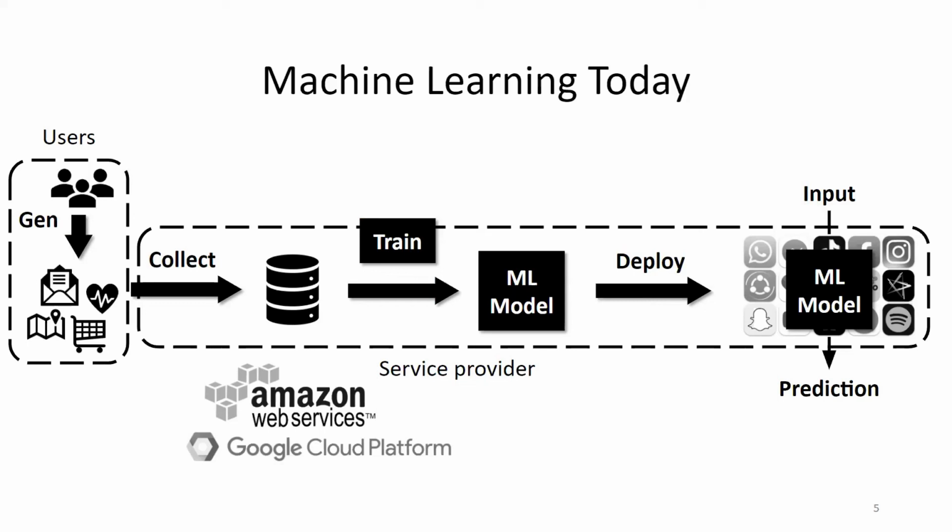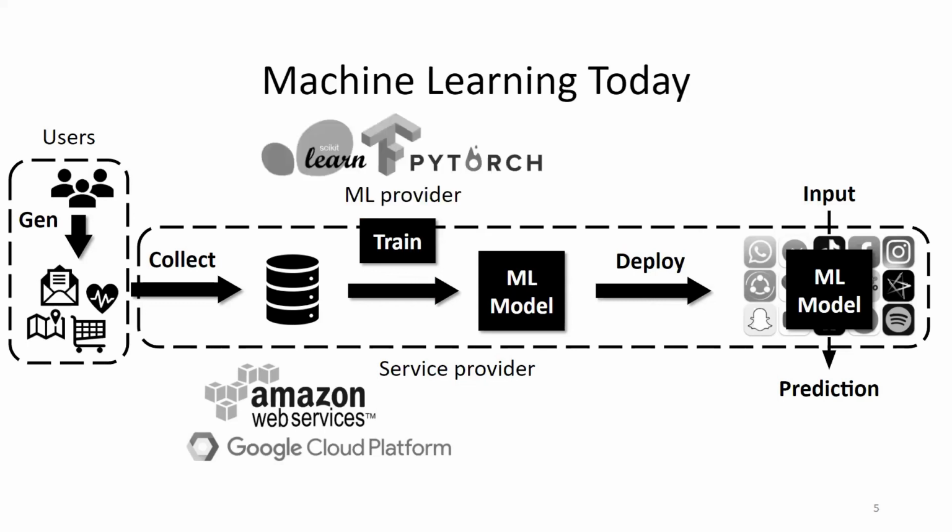The actual training part can be outsourced to a third party, a machine learning provider. These could be platforms that offer machine learning as a service for their clients. This could also be machine learning libraries like scikit-learn or TensorFlow that provide APIs for developers to build and train models.